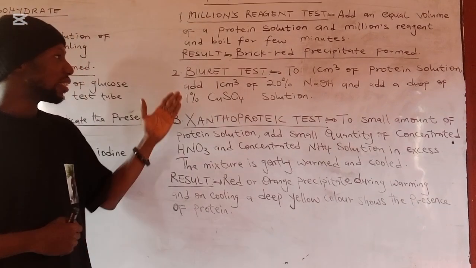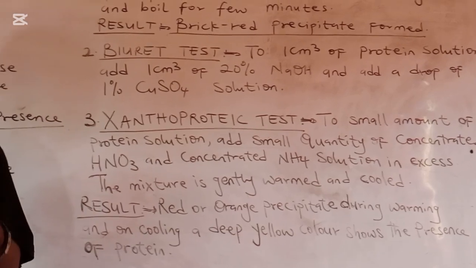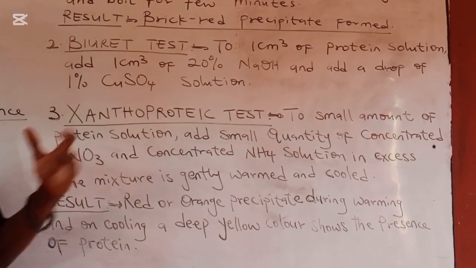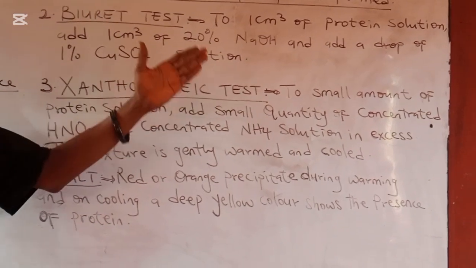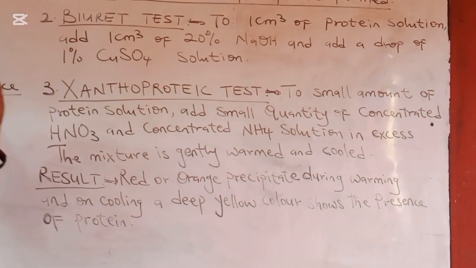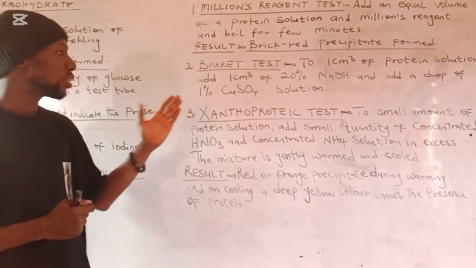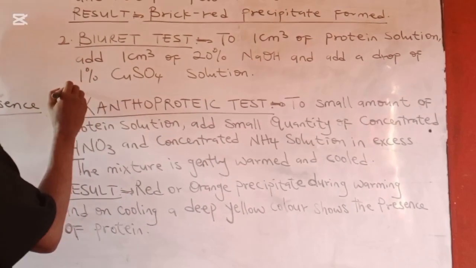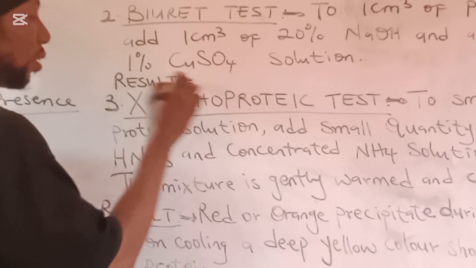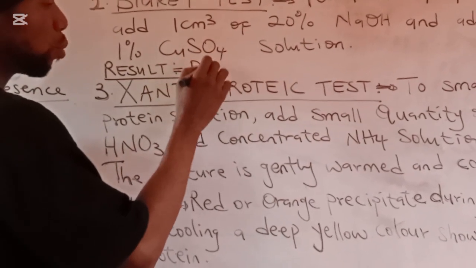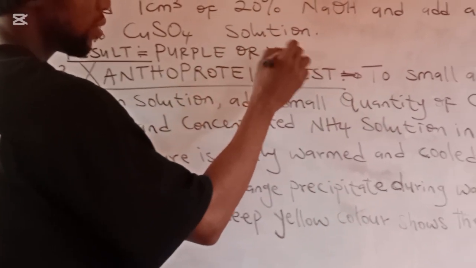Then the next is the biuret test. In the biuret test, we mix together 1 cm cube of protein solution with 1 cm cube of 20% sodium hydroxide and add a drop of 1% copper(II) sulfate solution.